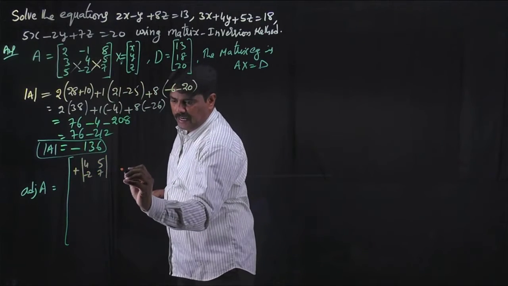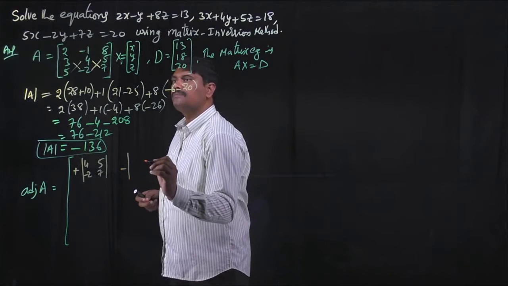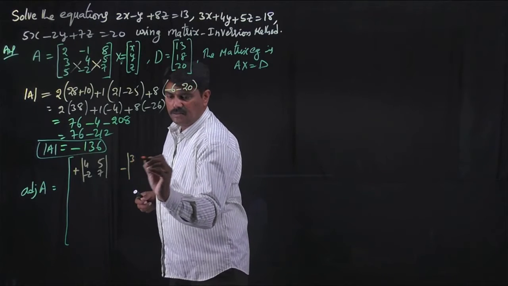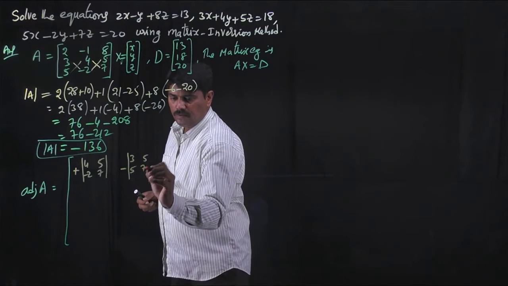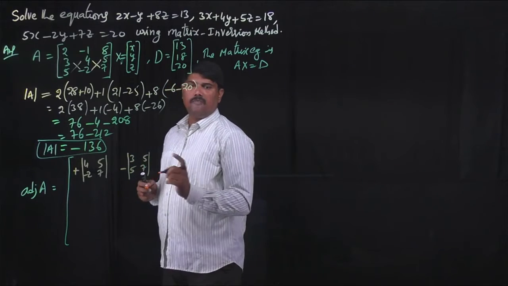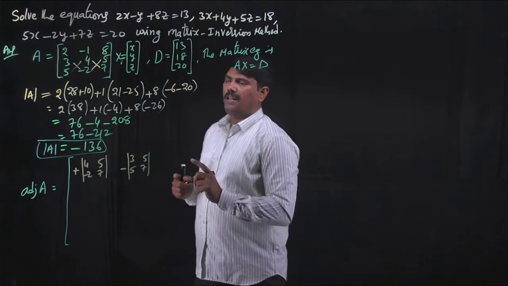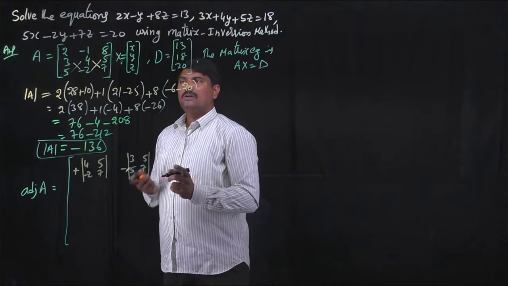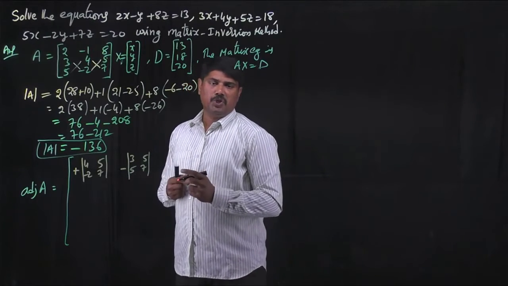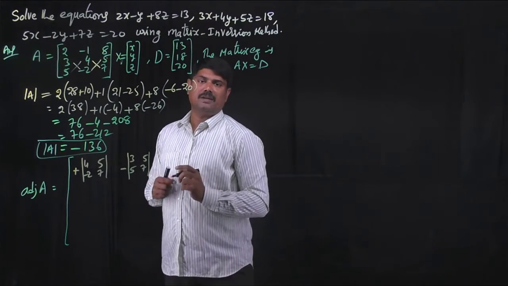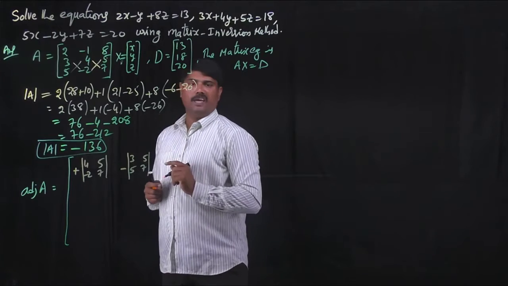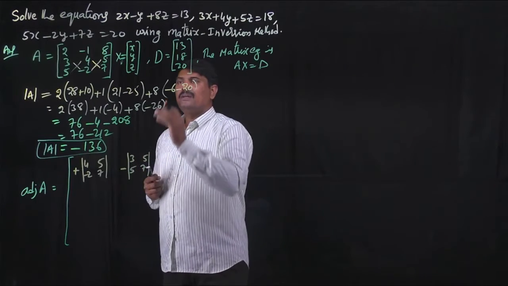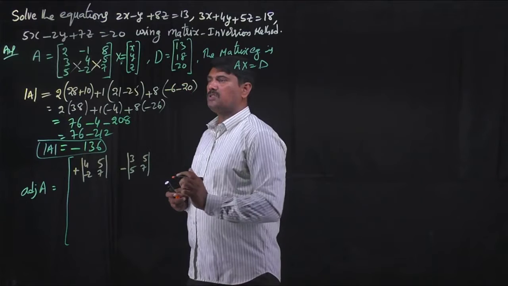Minus 1 has the negative cofactor sign, minor 3, 5, 5, 7. You have to be careful to consider values with their signs also. Even a sign change may give a wrong answer. That's why you must be careful with the numbers and signs.